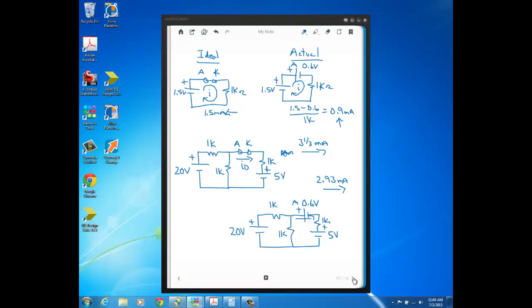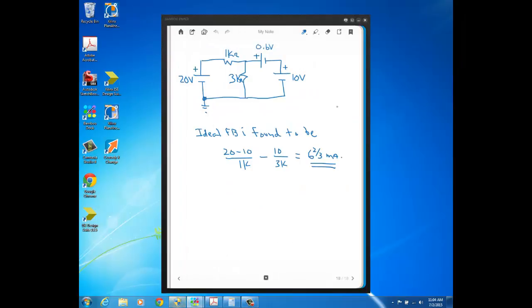All right, one last problem in this video, and that's this one here. This is the problem we did earlier for the ideal case, when we treated this forward bias diode as being ideal, and we had a short where this 0.6 volt source is. We found that the current for the short, or the ideal forward bias diode, came out to 6 2/3 milliamps.